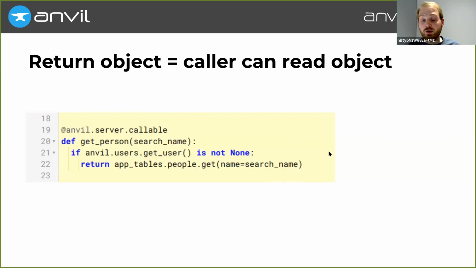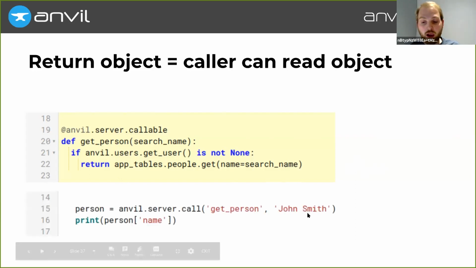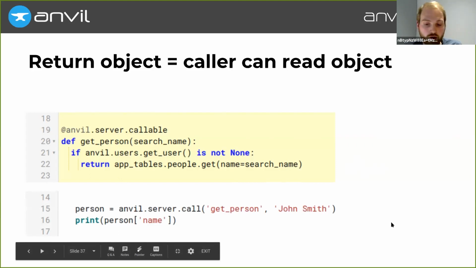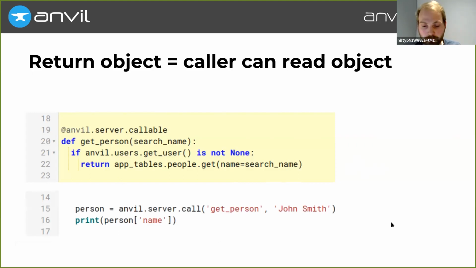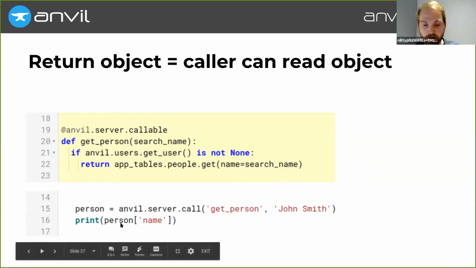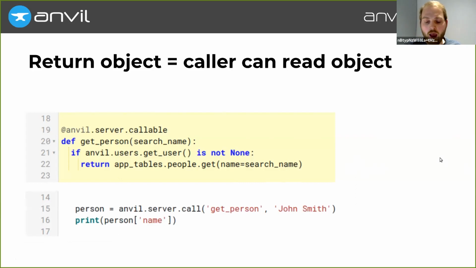And if there is a logged in user, and only if there's a logged in user, it will go to the database, search for a row, and then return it. And that will give the client the ability to do read-only things. So, for example, here we're getting that object and we are pulling a column value out.